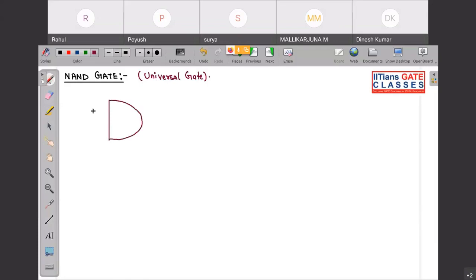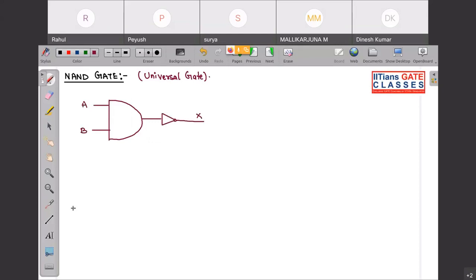So NAND gate is basically what? AND gate plus NOT gate. Plus means not addition, means it is combination of AND gate as well as your NOT gate.